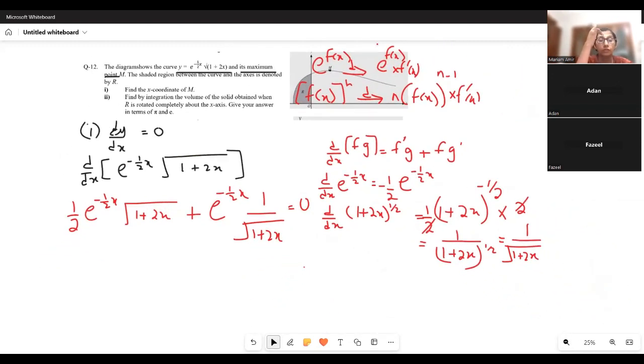Now, how do we solve this? Here I also missed a negative sign, there's a negative sign.